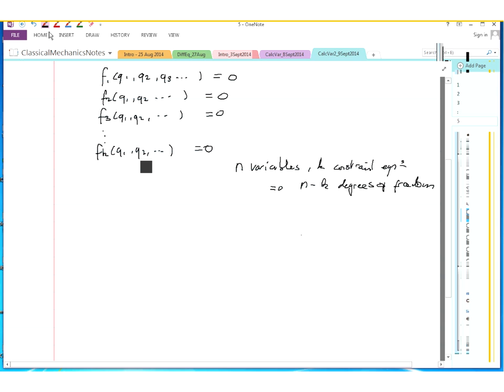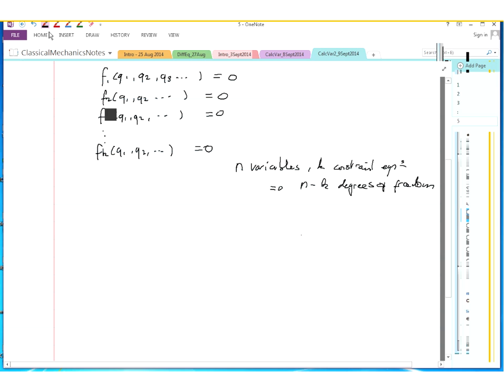Also, it could be arbitrary which variables you eliminate using the constraint equations. So maybe you want to keep your n variables, but handle the constraints so that you don't favor one of the variables over the other by arbitrarily eliminating them. That's a situation where the Lagrange multipliers are useful.